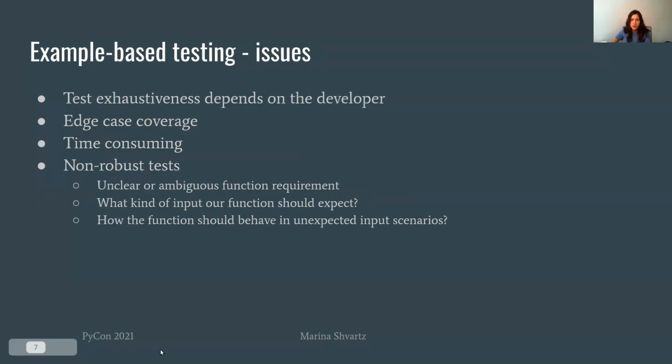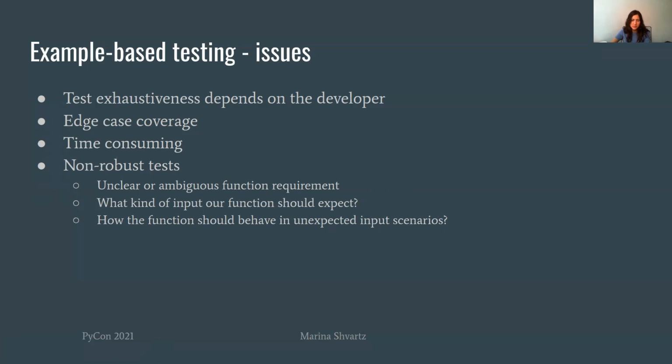And that takes me to the problem of that approach, and it is that it requires us, the developers, to come up with specific examples. We may choose to write 5 or 10 or 100 test cases, but still remain unsure whether we have safely covered most of the edge cases. It's really time consuming, and sometimes thinking about the edge cases is really hard.